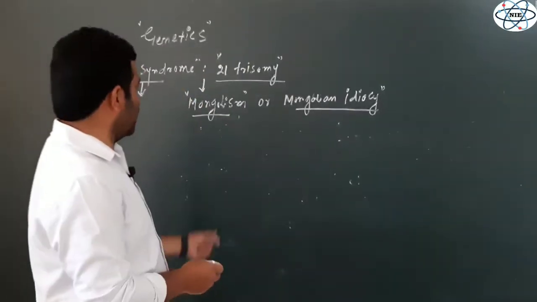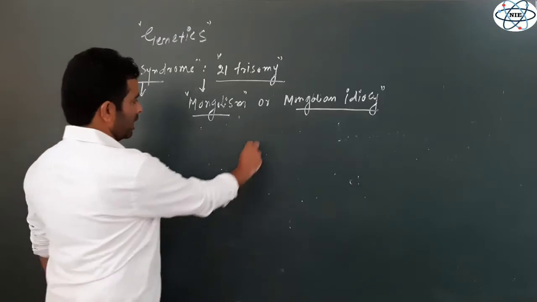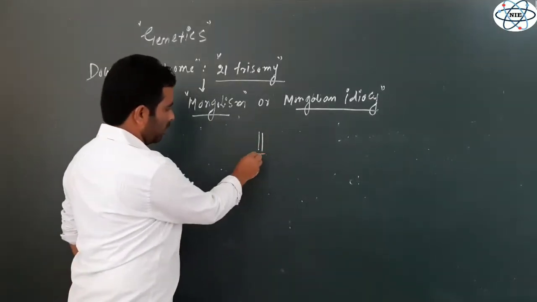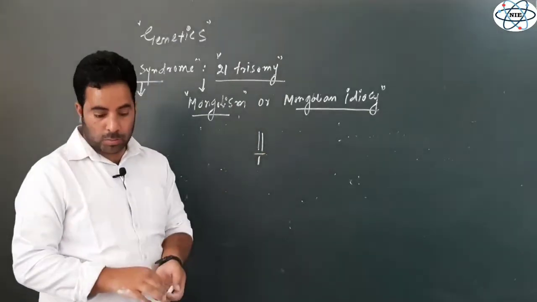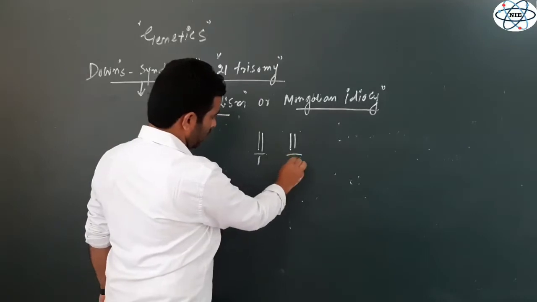If, for example, we show the karyotype of this individual who is with Down syndrome, so we can say, this is chromosome number 1. There are 2 copies of chromosome number 1. And this is chromosome number 2, 2 copies.